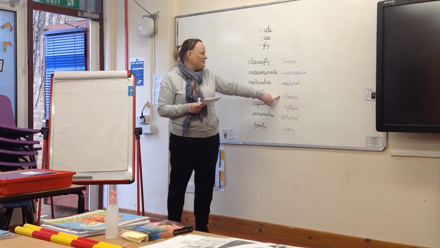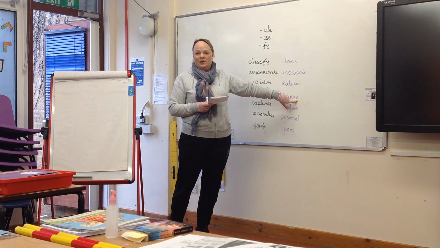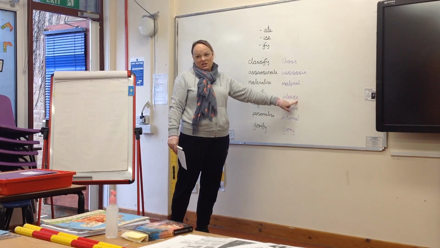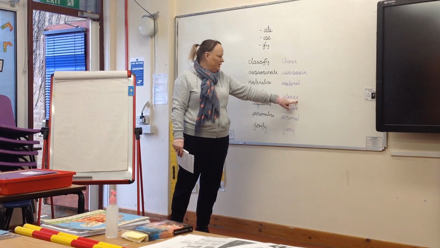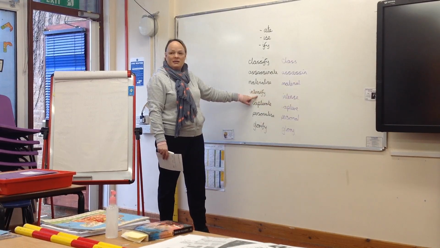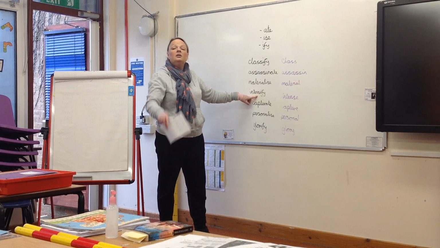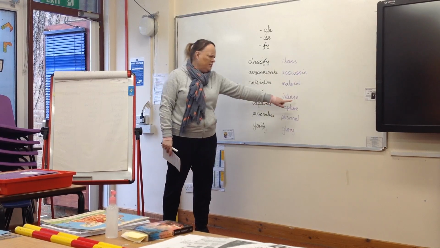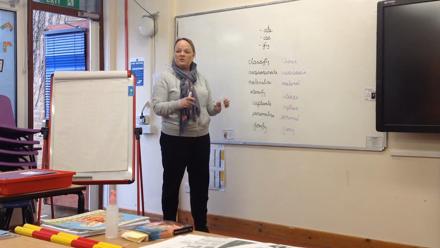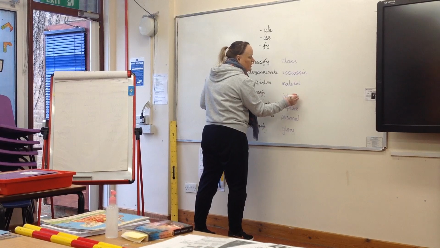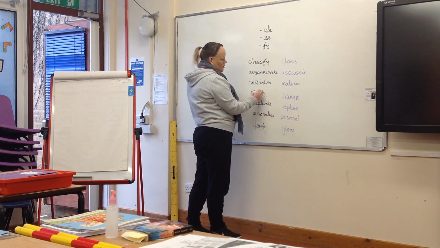So let's look at intense. What does it end in? An e. Is it a magic e or a pretty e? It's a pretty e, it's just there to look beautiful. So what have we done when we've gone from intense to intensify? What have we done to the e? Is it still there? No. We've just taken off the e before we add the ify.